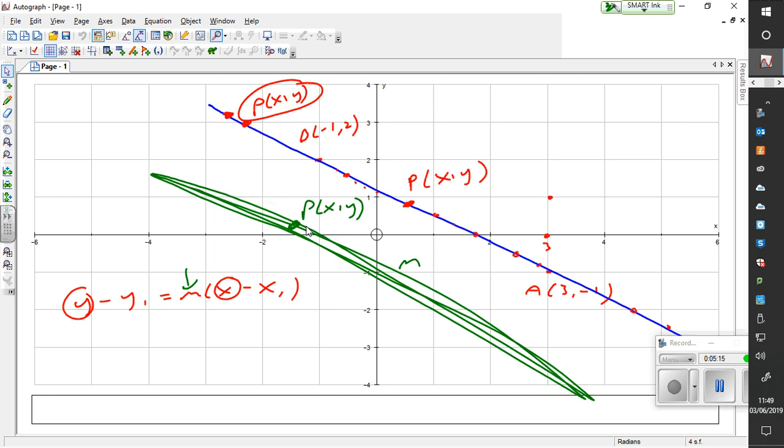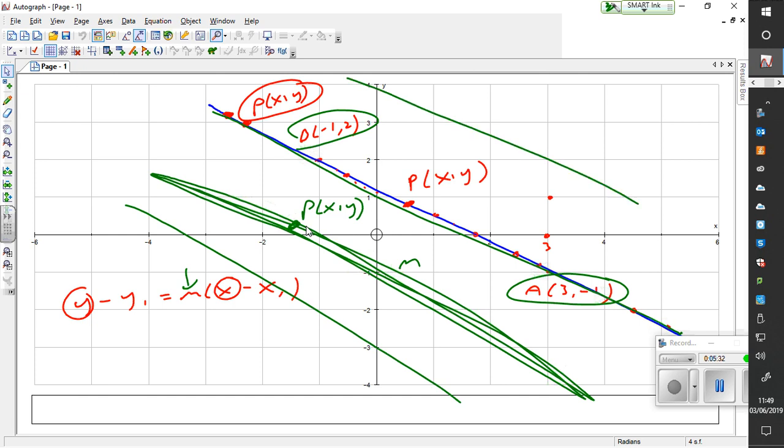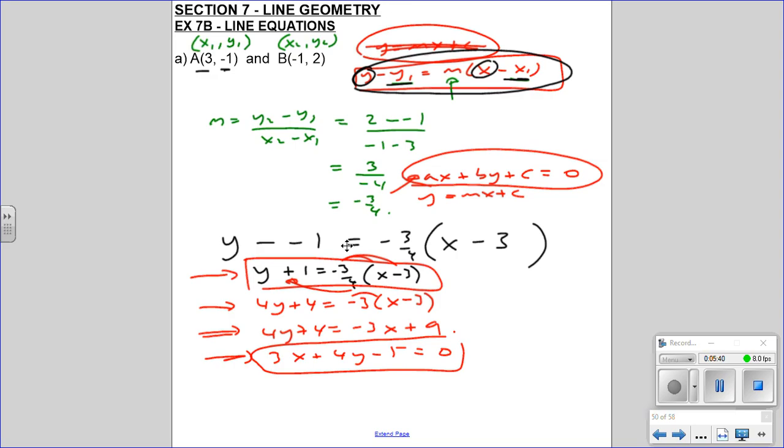The only thing that makes it distinctly this line is this anchoring point of one of the known coordinates, either b or a, right? If we didn't have b or a, then how do we know if it's this line parallel to it or this line parallel to it? You don't. You need an anchoring, a fixed point to say, no, that's the line we're talking about, okay?